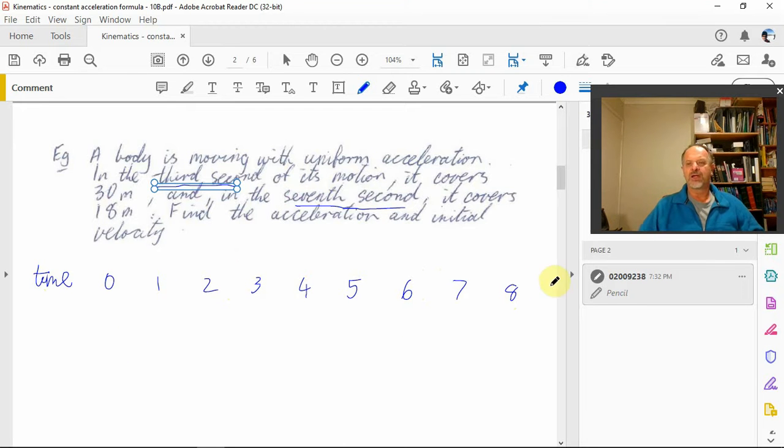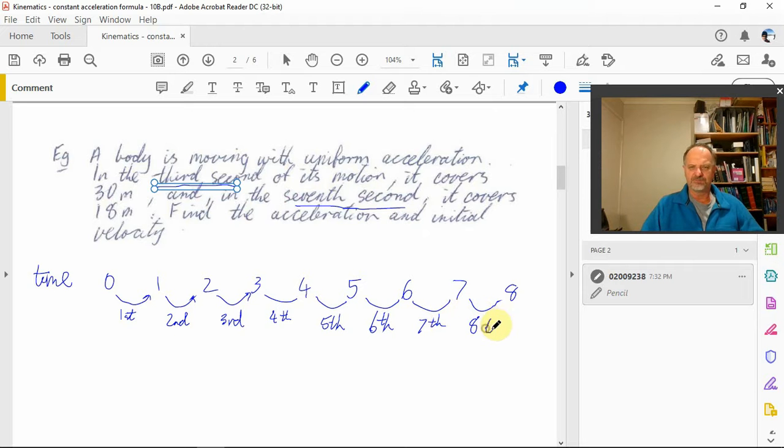So that's how time goes. Now, the 3rd second, the 7th second. So here to there, that's the 1st second of the motion. Here to there is the 2nd second of the motion. Here is the 3rd, then the 4th, then the 5th, the 6th, the 7th, and then if we needed it, the 8th.